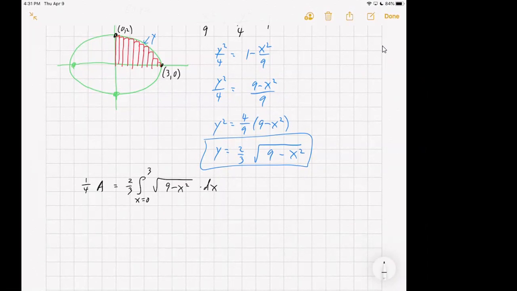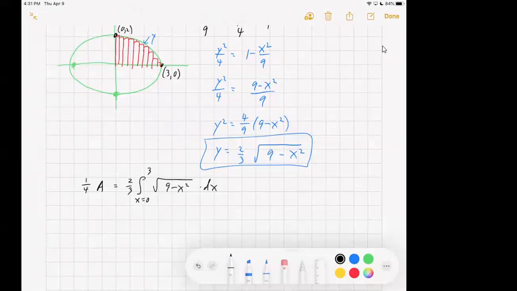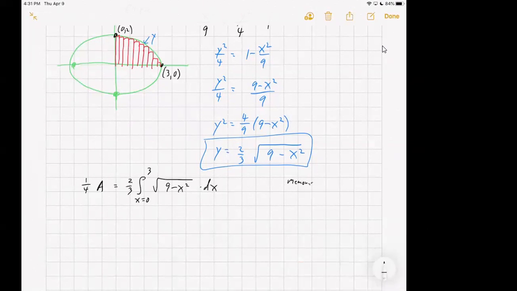Now, when you look at that, you should probably first run through our little list of things we know how to do. You always start with the memory list. That is not on the memory list. Can you do any algebra? There's no algebra you can do to make it fit the memory list. Use substitution? You might want to try it, but it doesn't get you anywhere.